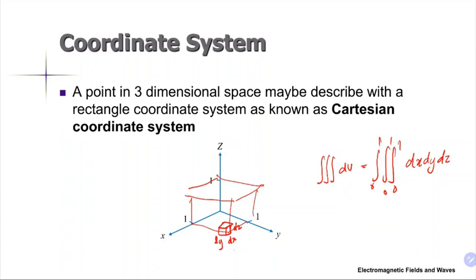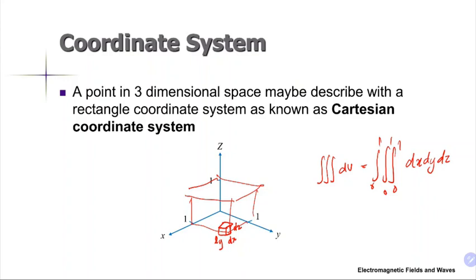Instead of dx, dy, dz, you probably have dr, d theta, d phi, and things like that. But at this point this is just a brief introduction to coordinates, so we're just going to look at Cartesian x, y, and z.